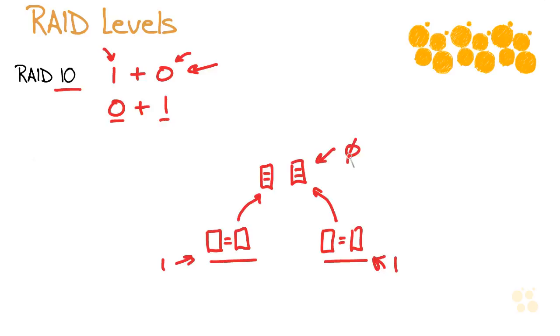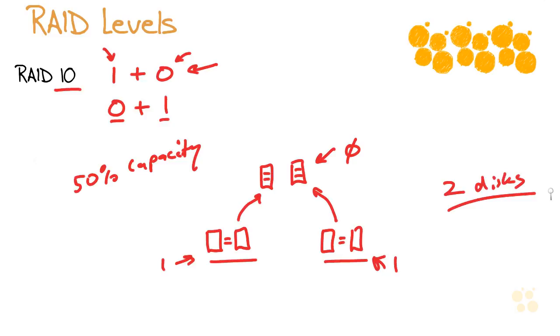Notice here that we do have a 50% capacity loss. So this is an expensive solution, but it gives us amazing performance. Notice we could also potentially lose two disks. We say potentially here because it would have to be one of these and one of these. Obviously, if we lose both disks in that mirrored environment, we're in big trouble. But potentially we could have two disks fail under this nested arrangement and still be okay.